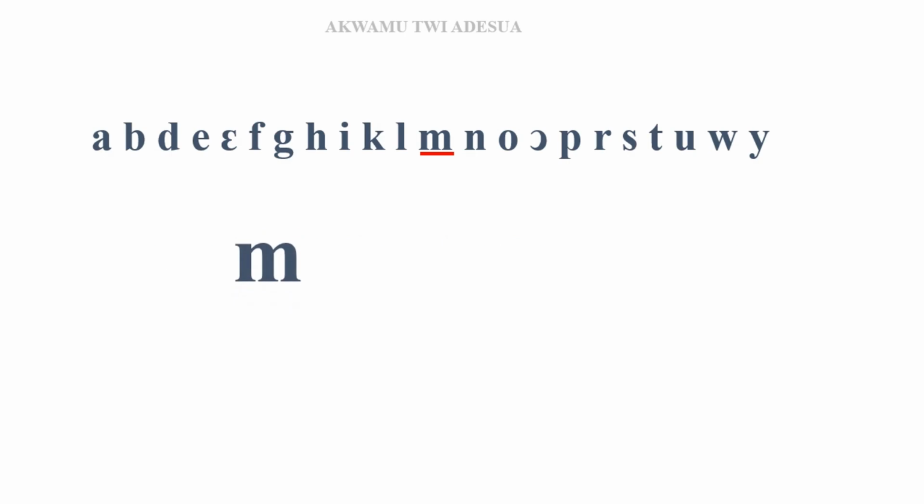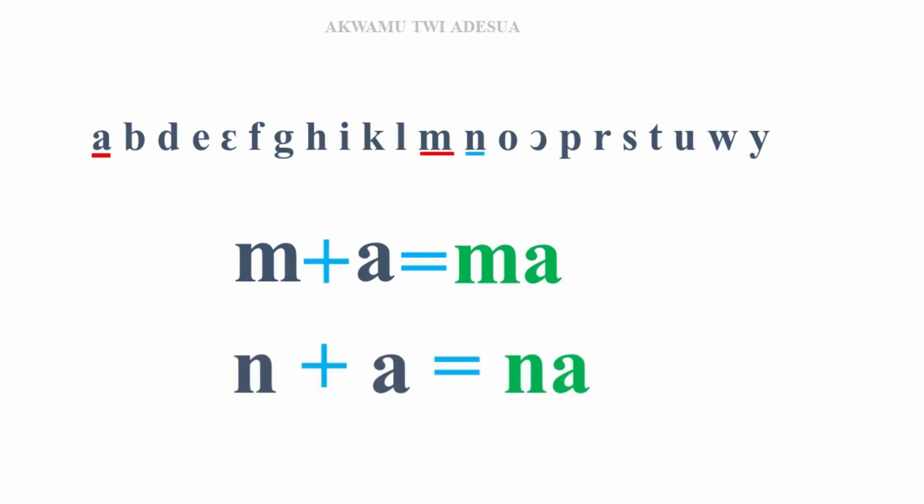So we have m plus the a, which will give us ma. Then we also have the n plus a, which will also give us na. The p and a will give us pa.